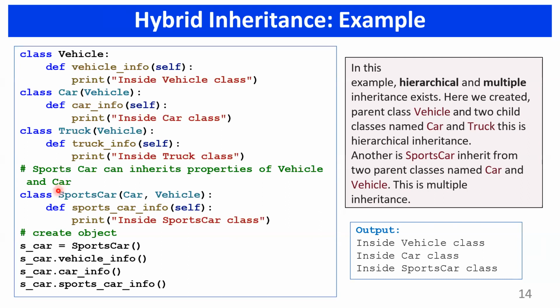And in addition, we are defining a sports car class which is inherited from both car as well as vehicle. So this is multiple inheritance. Since we are inheriting the properties of multiple classes, it is called multiple inheritance.